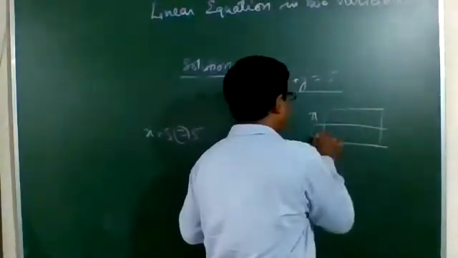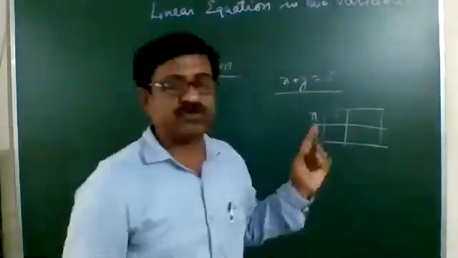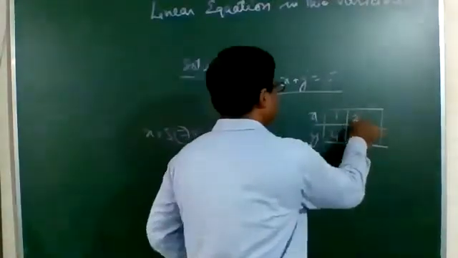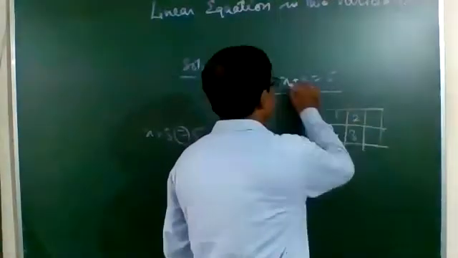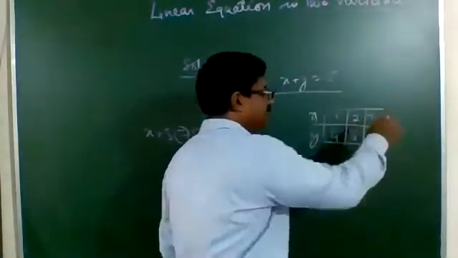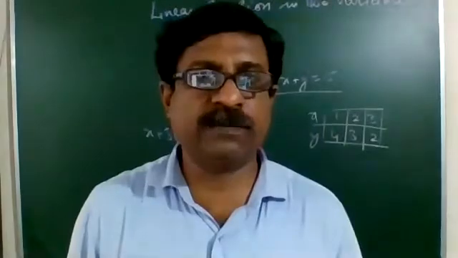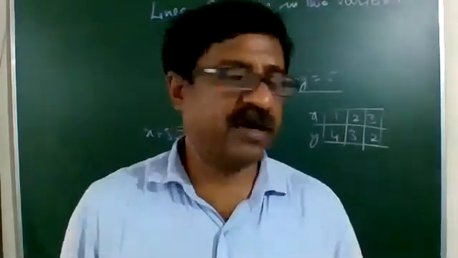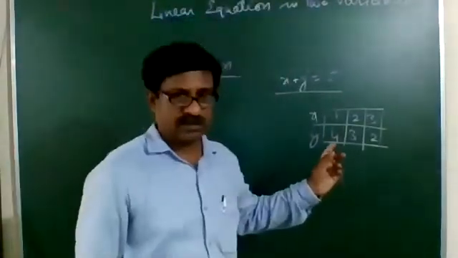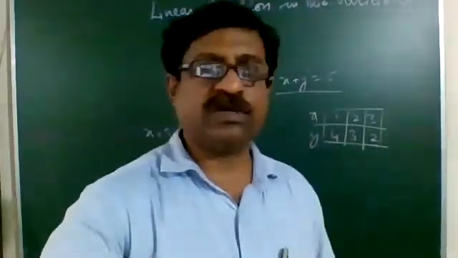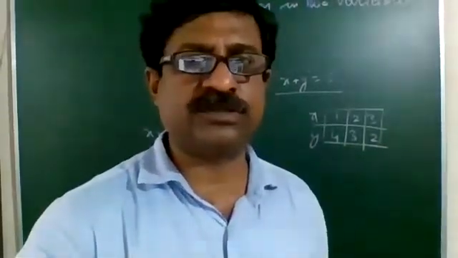Suppose we take x equal to 1, the value of y we get is 4. If I take 2, then we get 3. If I take 3, then we get 2 and so on. Therefore, a linear equation in two variables has infinite solutions.